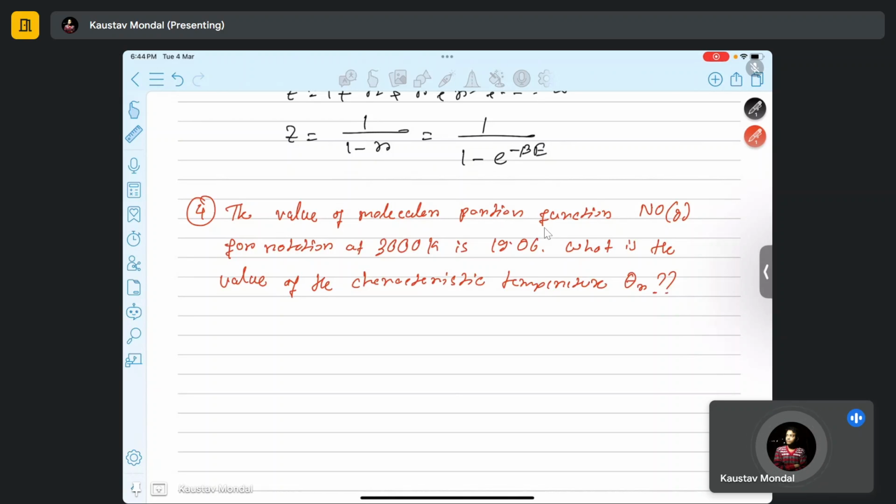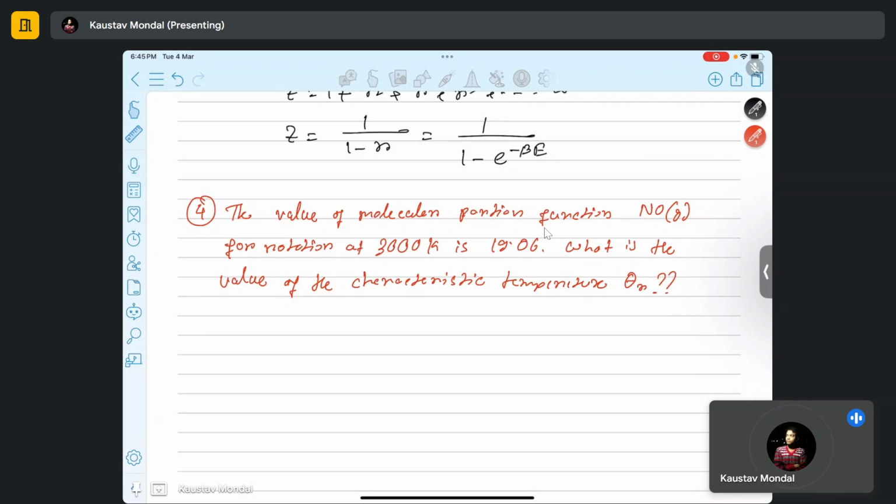In order to calculate this rotational partition function, before that, let me first discuss what a rotational partition function is. The system has some rotational energy levels, right?